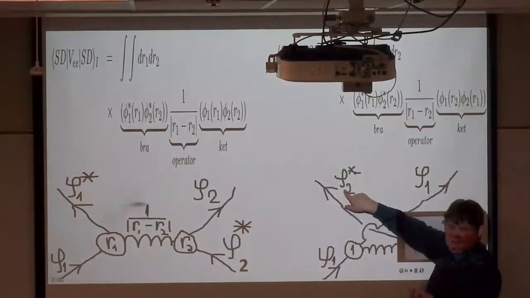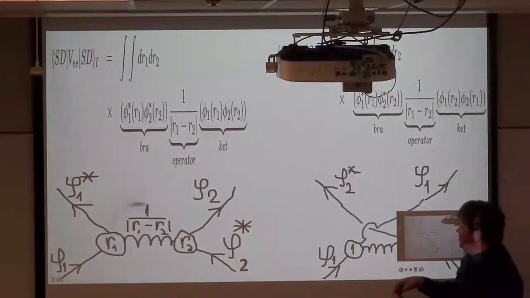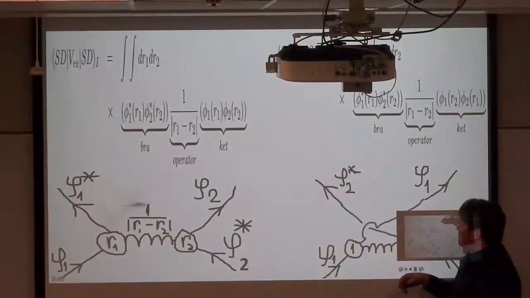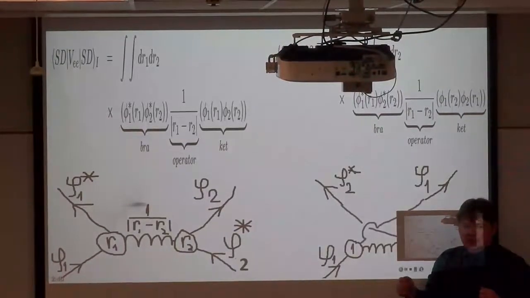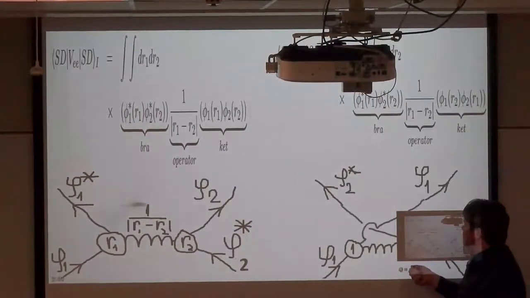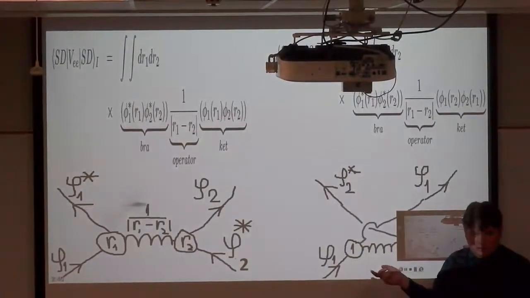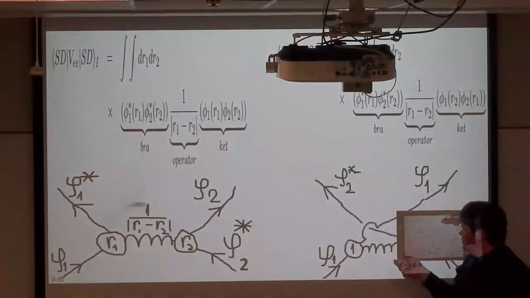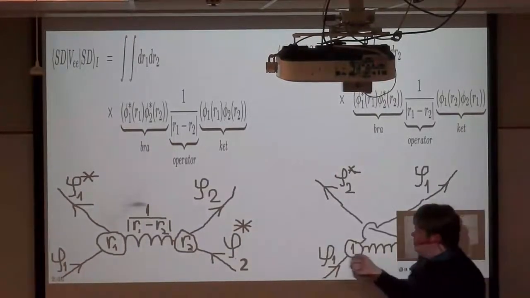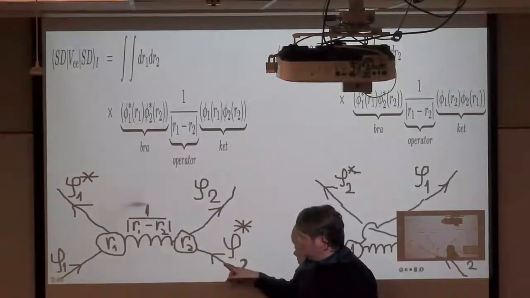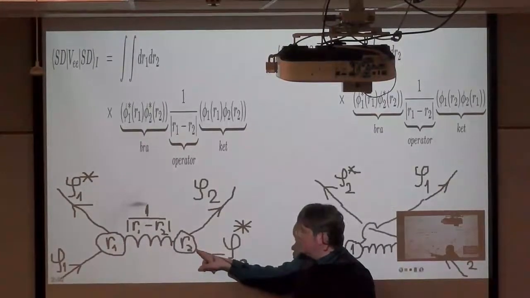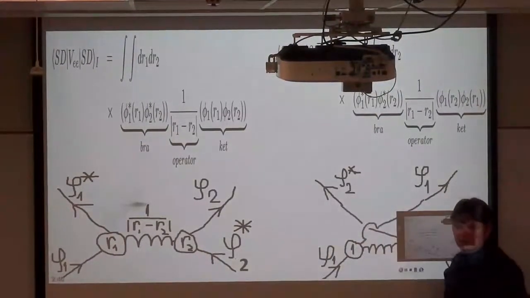It can be interpreted that electrons 1 and 2 swapped their quantum states, exchanged quantum states. And this diagram corresponds to the exchange attractive interaction. So here the solid straight lines do not cross each other, and here they cross.